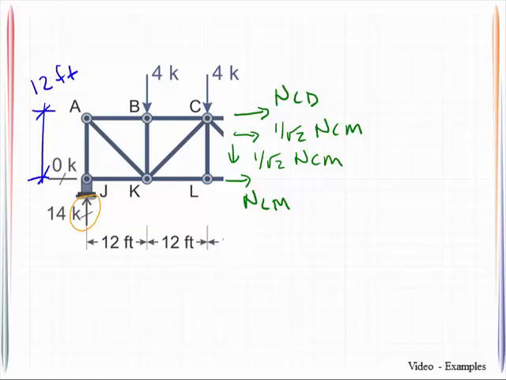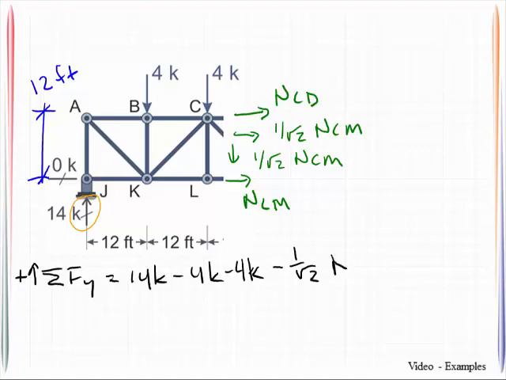Now what we want to do is look for an equilibrium equation that contains only one unknown. There is an obvious one we can start with, and that is sum of forces in the y direction. This will give us 14 kips minus 4 kips minus 4 kips minus 1 over the square root of 2 NCM, and that will be equal to 0.